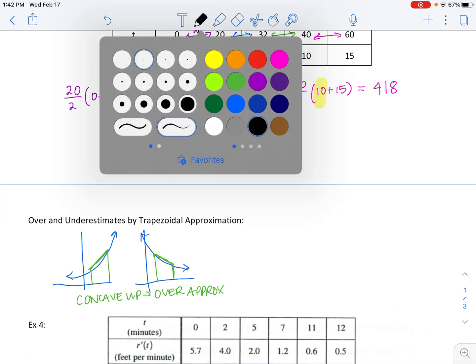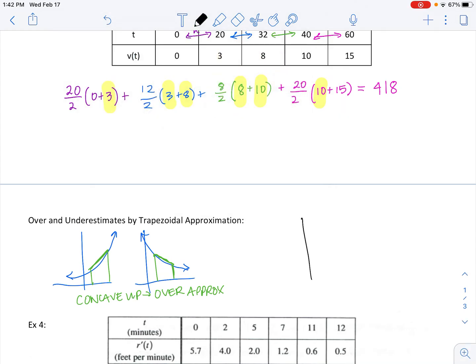And of course, if I do the opposite, if we have a curve that is concave down, increasing, or if we have a curve that is concave down, decreasing, any little trapezoid that I put in there, because of that concavity, is going to lie below the curve entirely. So it's going to be an under approximation.